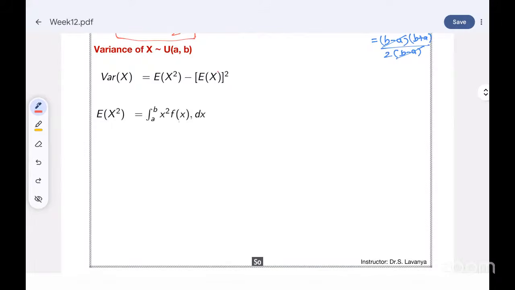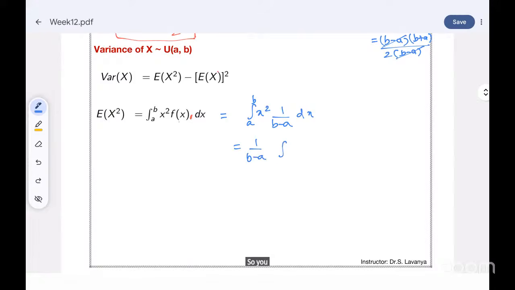So here you have E of x square equal to integral a to b x square. And what is your f of x? Here your f of x is 1 by b minus a dx, right? So now this 1 by b minus a is again a constant, so you can bring it out.